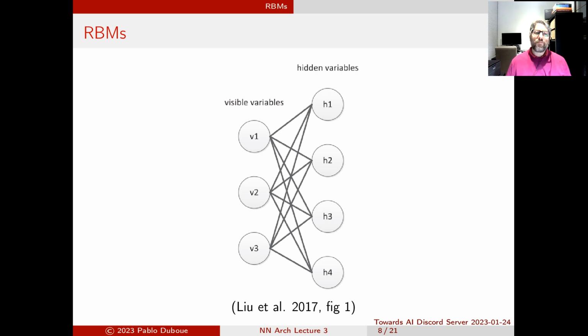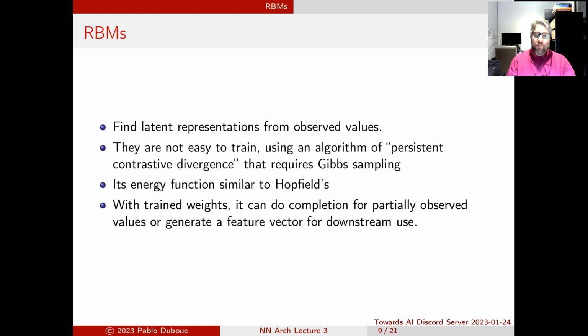Yeah, but the key part of the RBMs is that they find latent representations from observed variables.